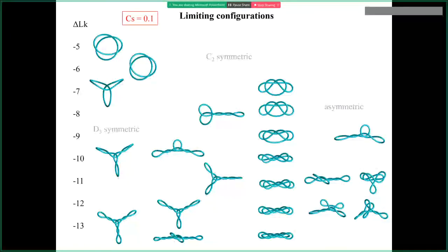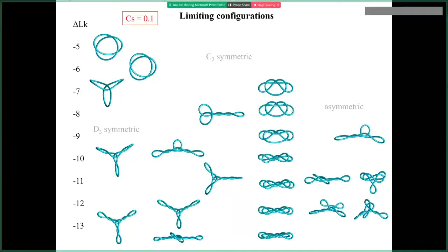David, can I ask, in this case, the delta Lk that you compute, is it discounting the intrinsic writhe of the trefoil knot? Good question. In case it's just an offset, but it could be there.